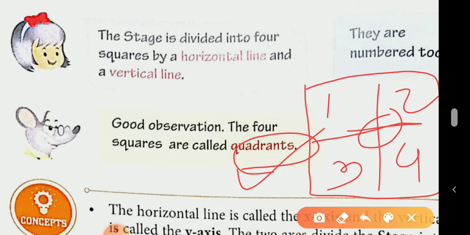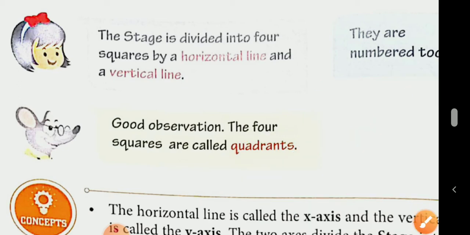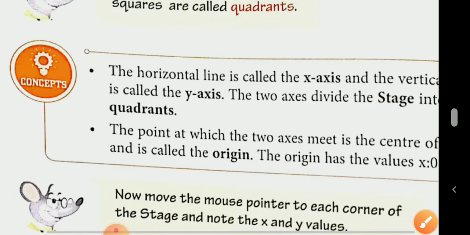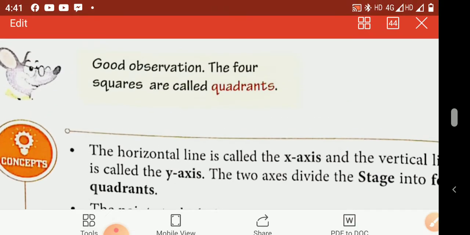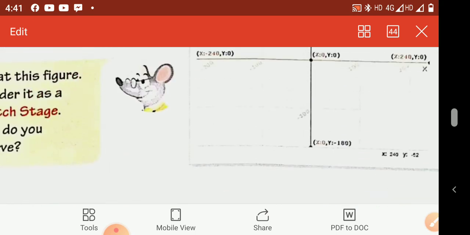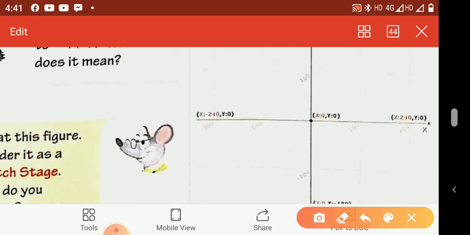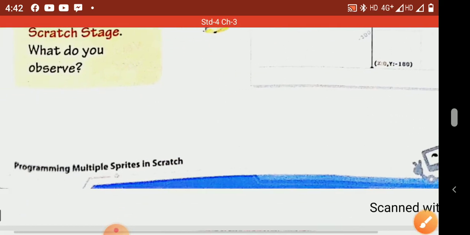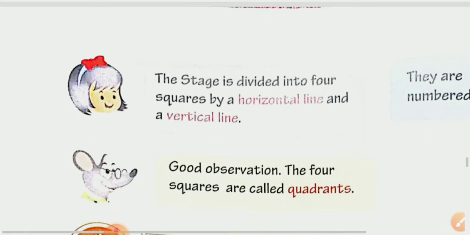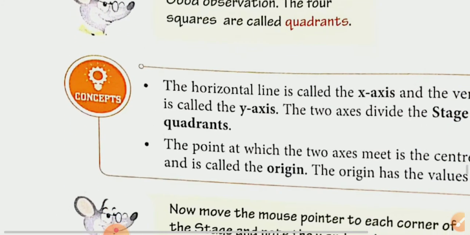The horizontal line is called the x-axis and your vertical line is called the y-axis. Okay students, you can easily understand.